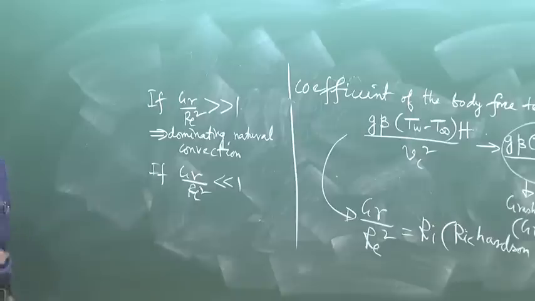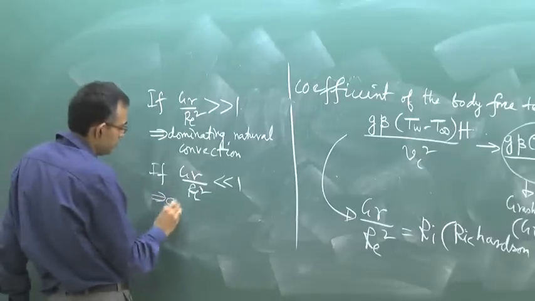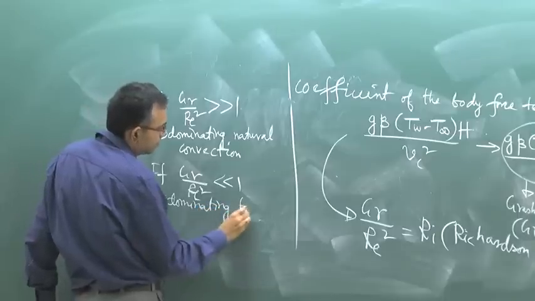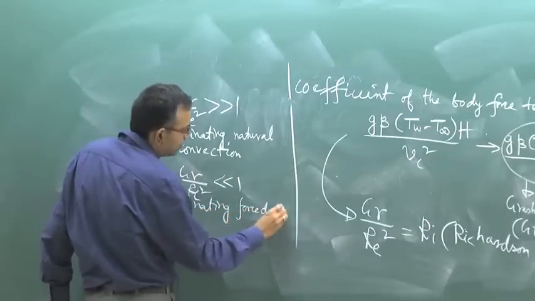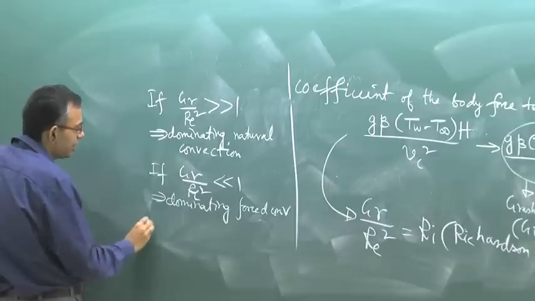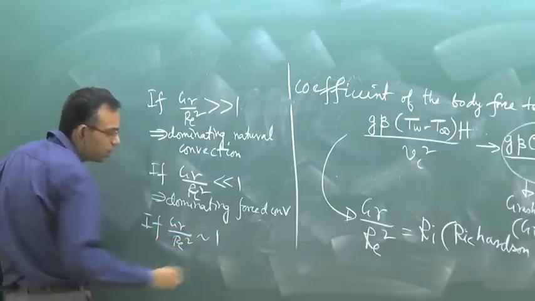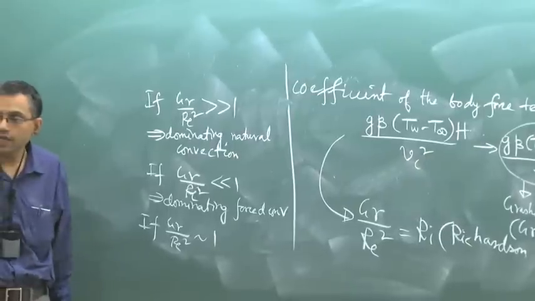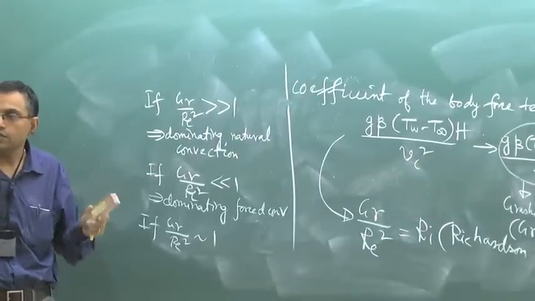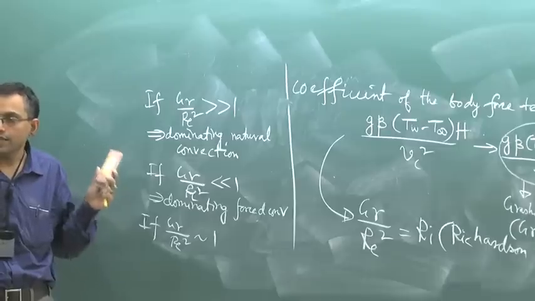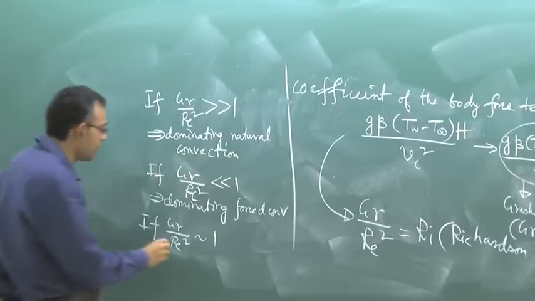Dominating forced convection. A very interesting situation, if Grashof number by Reynolds number square is of the order of 1, then you cannot discard either of these modes and you have to consider both natural as well as forced convection, that is called mixed convection.